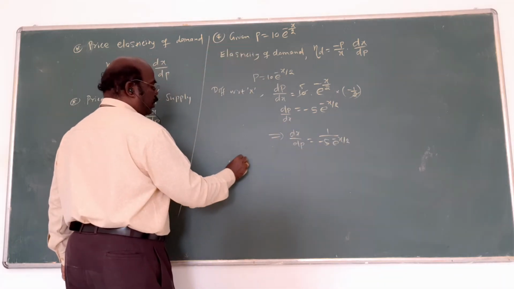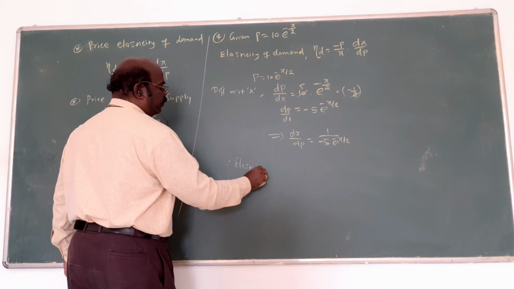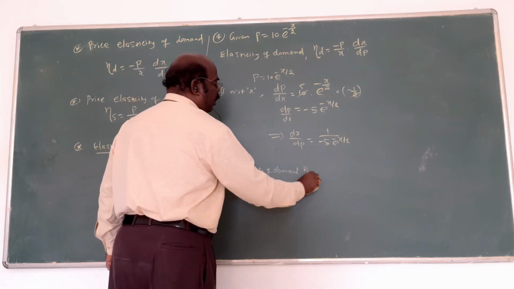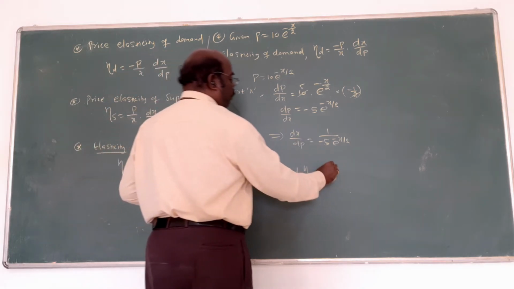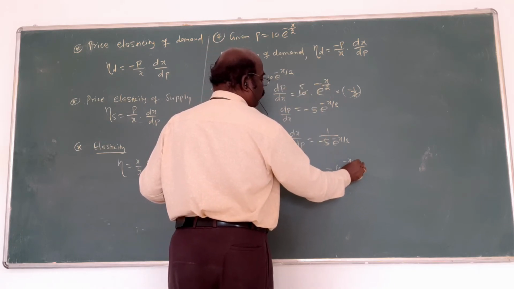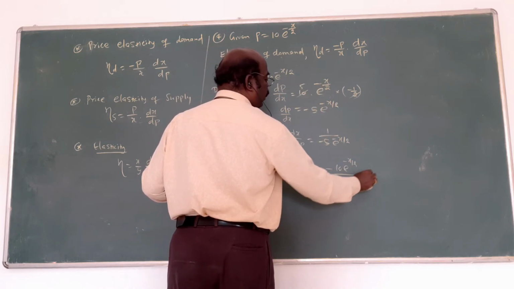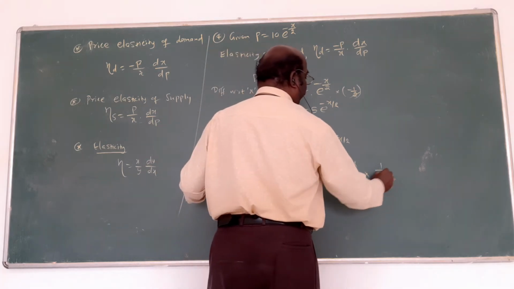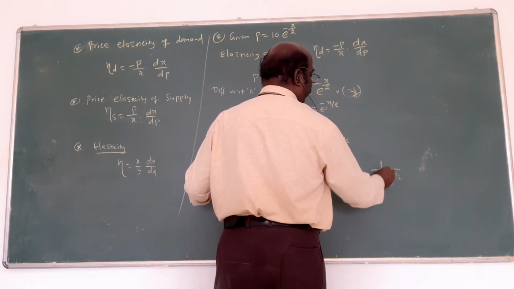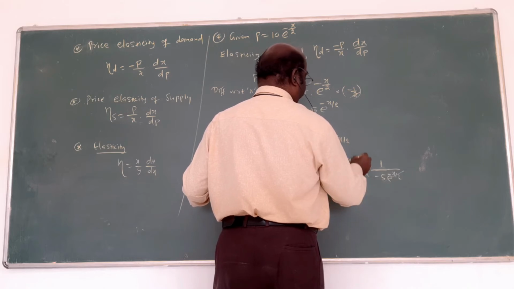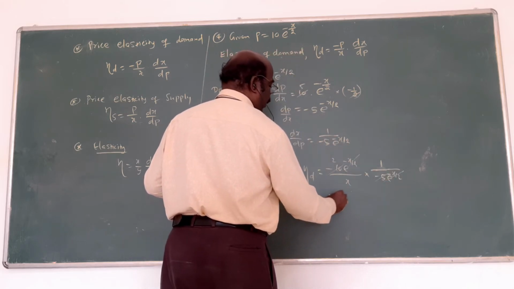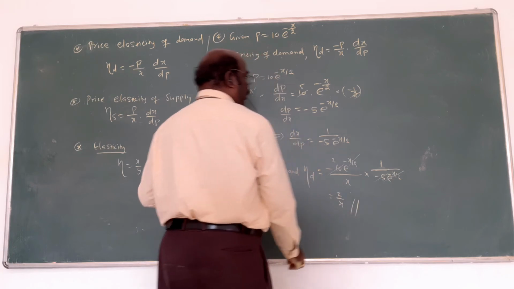Therefore, elasticity of demand beta d equals minus p, already given 10 into e power minus x by 2, by x, into 1 by minus 5 into e power minus x by 2. This will cancel, minus cancels. 2 by x is the answer.